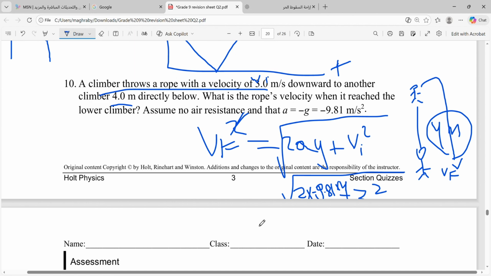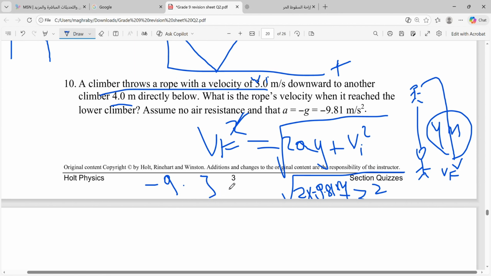Give me 1 second to make it. The answer will be negative 9.3 meters per second.